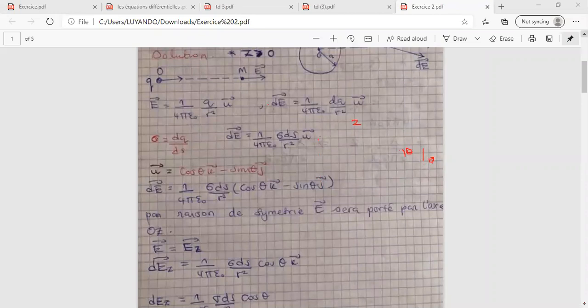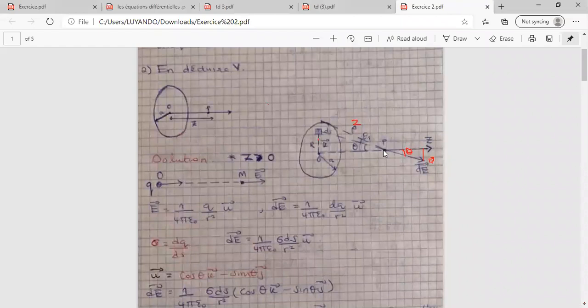So we know that if I have E here, I can have a point here. The E here can be moving in the X direction, in the Z direction in this case, and can also be moving in the Y direction.